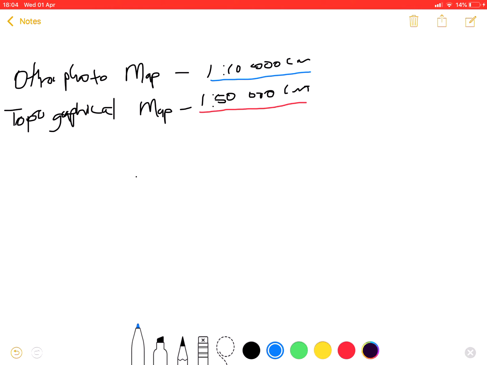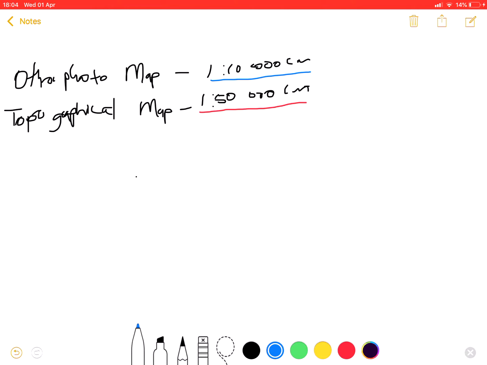Obviously, the piece from the orange cut 5 times is going to be bigger than the piece from the orange cut 10 times. The same applies to these map scales. The scale of a topographical map is 50,000 times exaggerated on its actual ground, and the scale of an orthophoto map is only 10,000 times exaggerated.